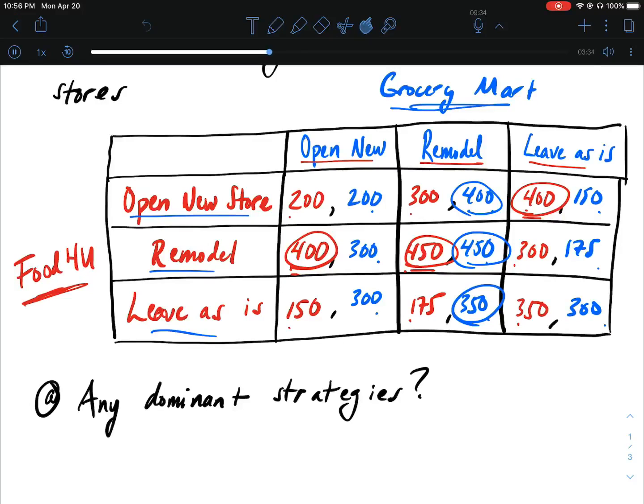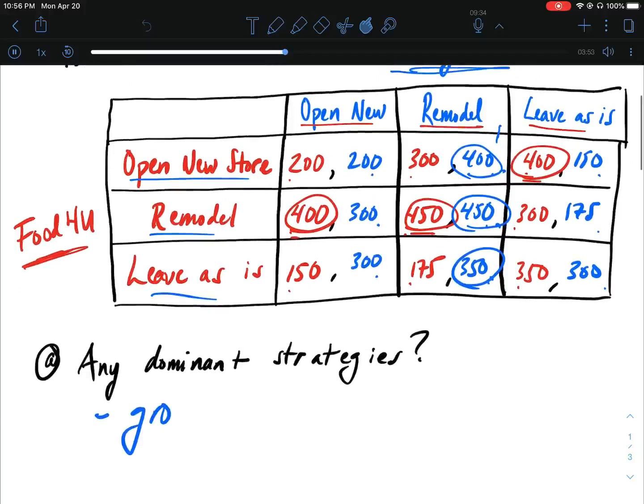So, looking at what Food for You chose to do, we have 2 remodels and 1 leave as is. Those were our 3 choices. So, Food for You does not have a dominant strategy. Sometimes they choose to remodel, and sometimes they leave as is.